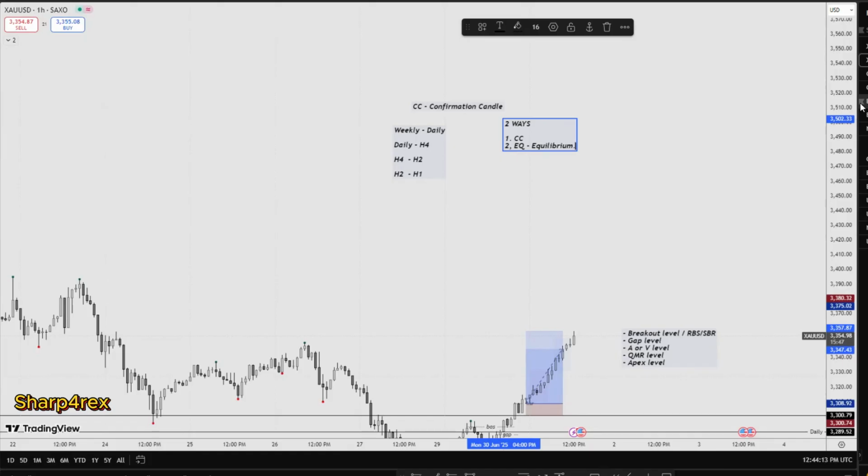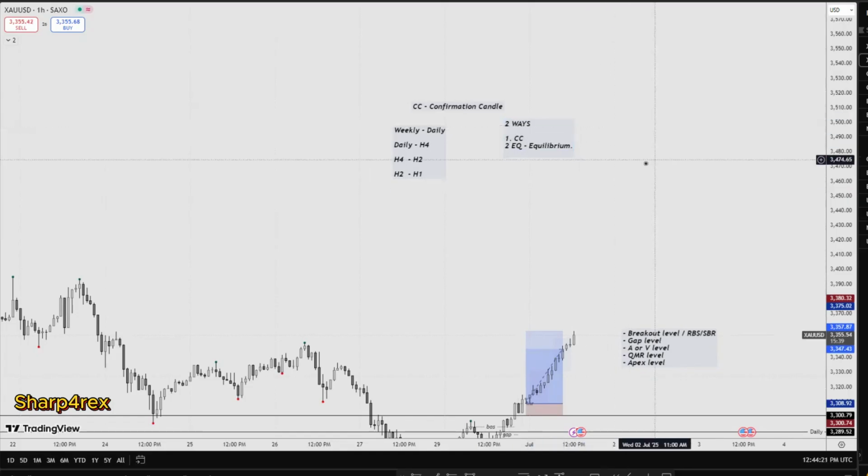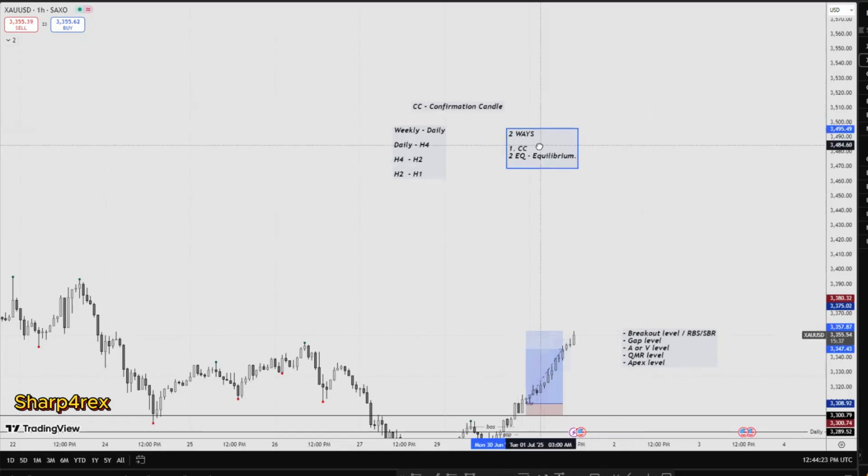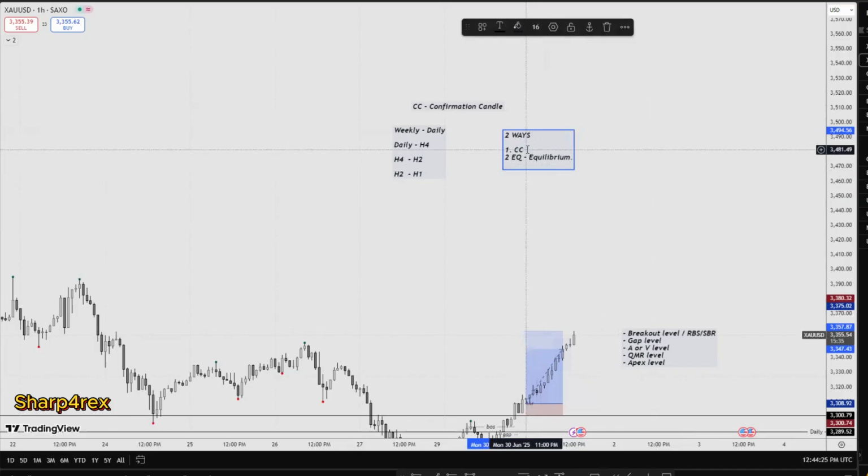These are the two things we look out for. So, guys, let's take note of this. The CC and the equilibrium. People have not really taken notice of them. The CC is different from the equilibrium. So you can just trade using the CC alone, or you can trade using the equilibrium alone.